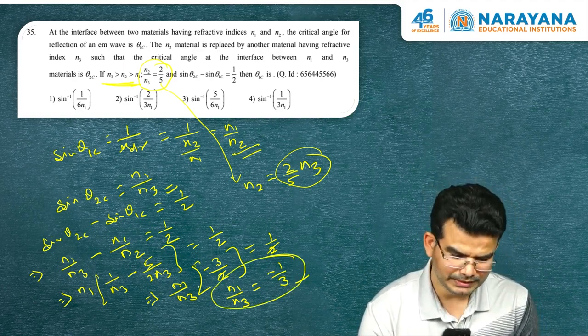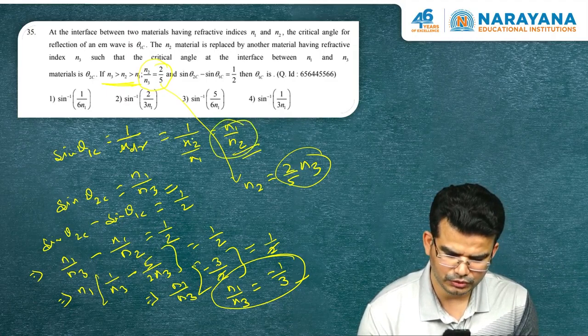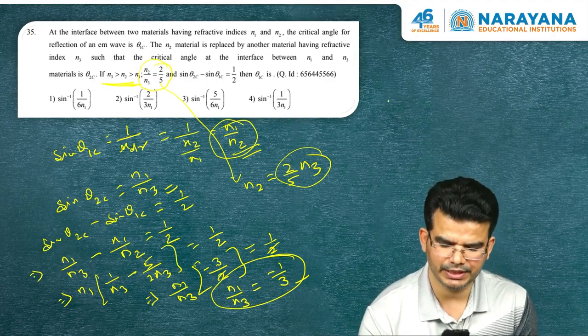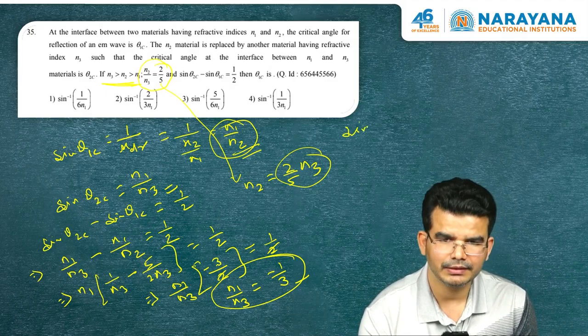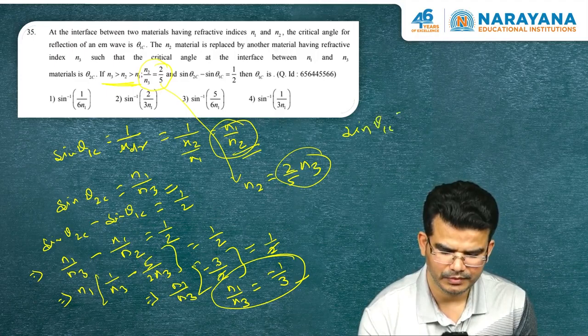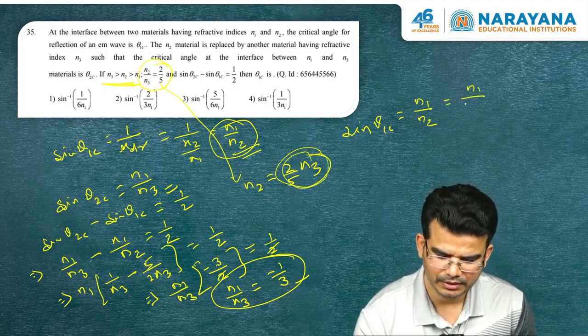So, what is sin theta 1c? Sin theta 1c is n1 upon n2. So, let us put it here. I can say sin theta 1c, which is n1 upon n2, which is nothing but n1 upon 2 by 5 n3.